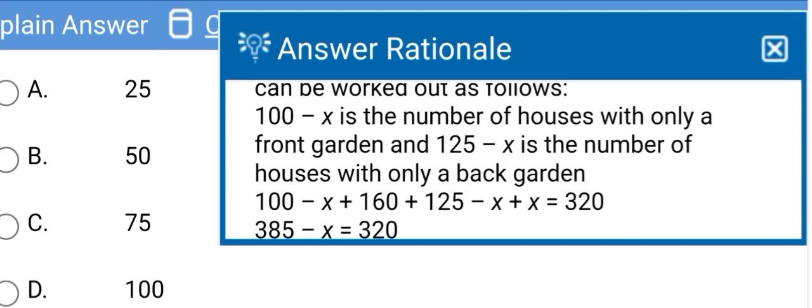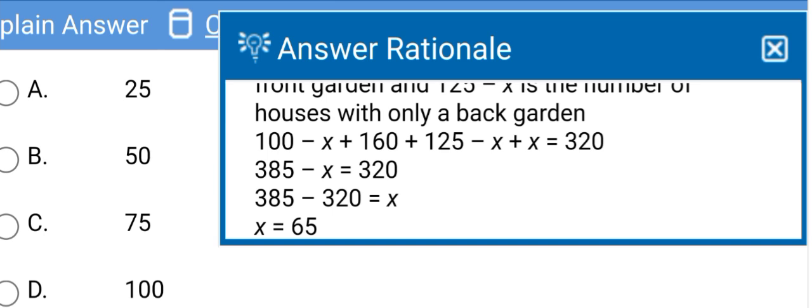So 100 minus X plus 160 plus 125 minus X plus X equals 320. That is 385 minus X equals 320.